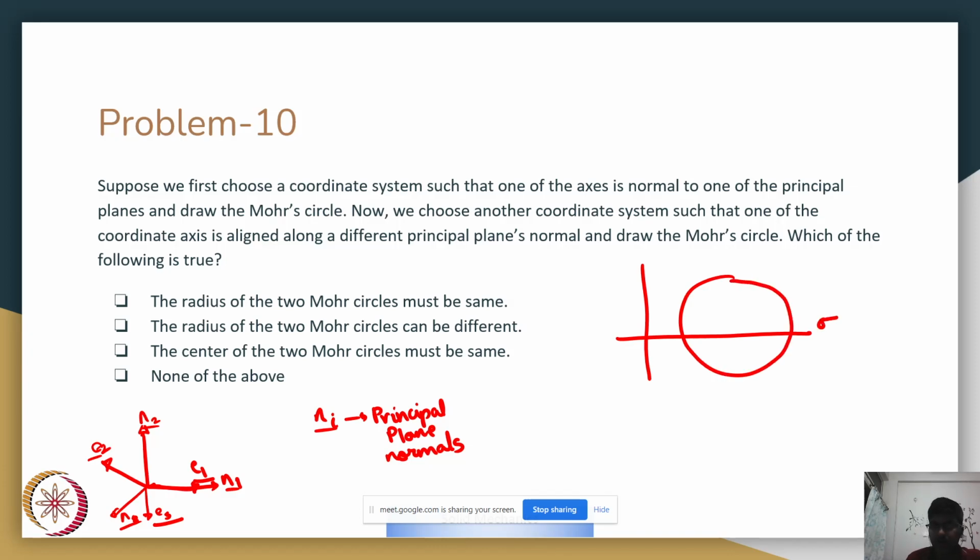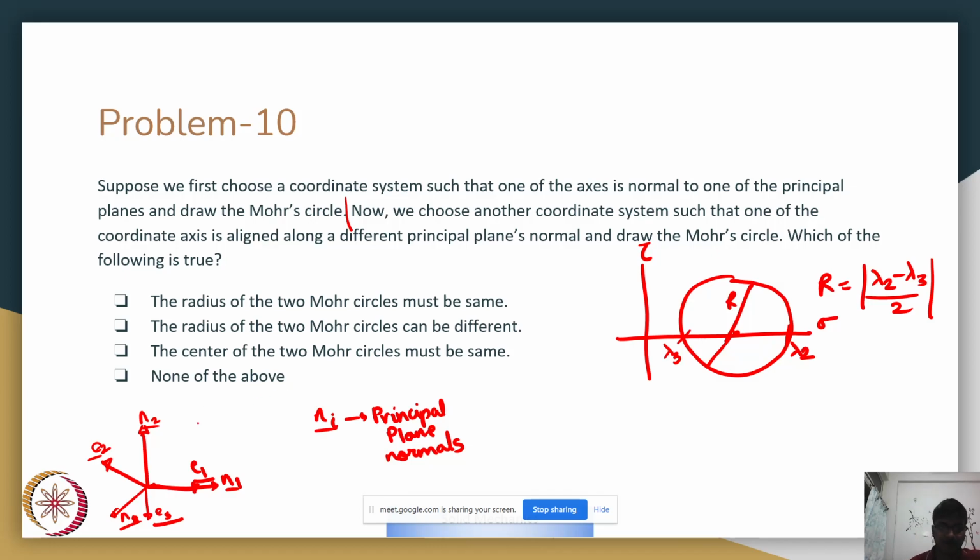You have got sigma, you have got your tau, and the radius will be say r equal to mod of lambda 2 minus lambda 3 by 2. So this part is done. Now we choose another coordinate system such that one of the coordinate axes is aligned along a different principal plane's normal and draw the Mohr circle.